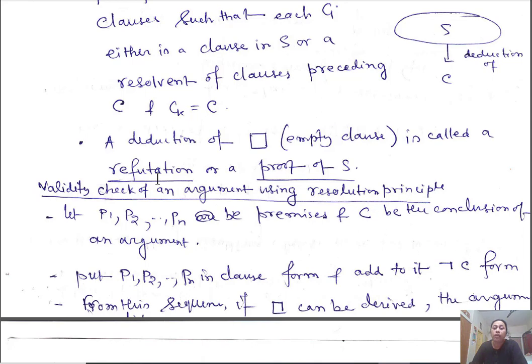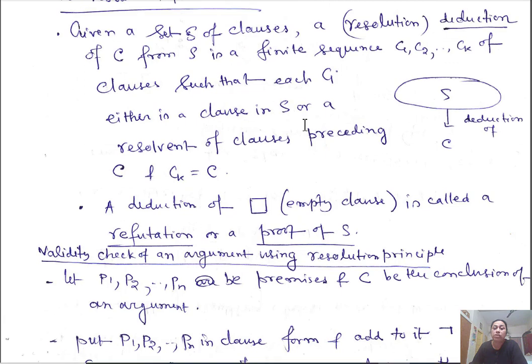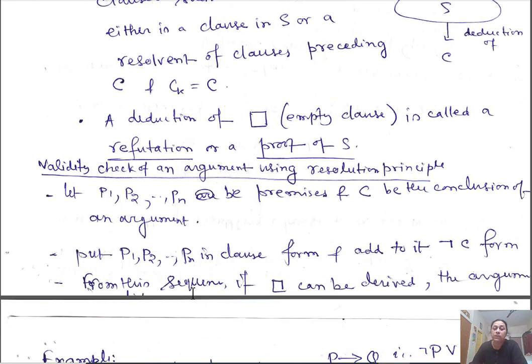And then apply this resolution principle. From this sequence, P1, P2, Pn and negation of C, if you can derive the empty clause, then the argument is valid.